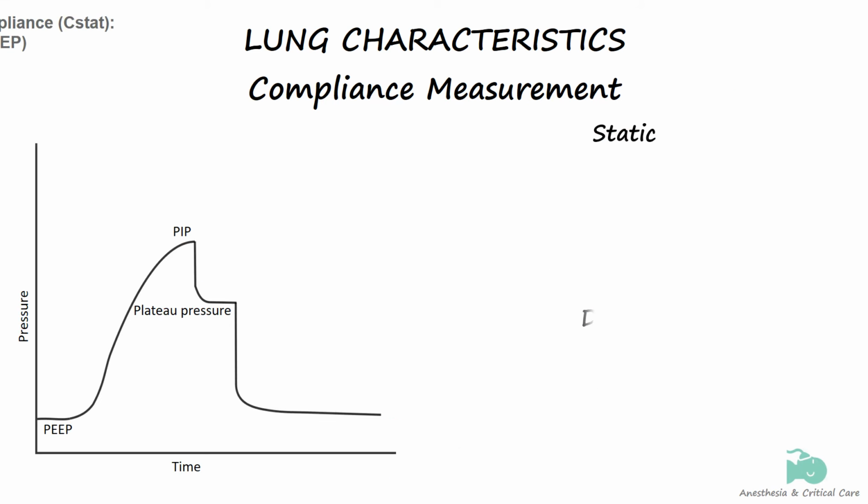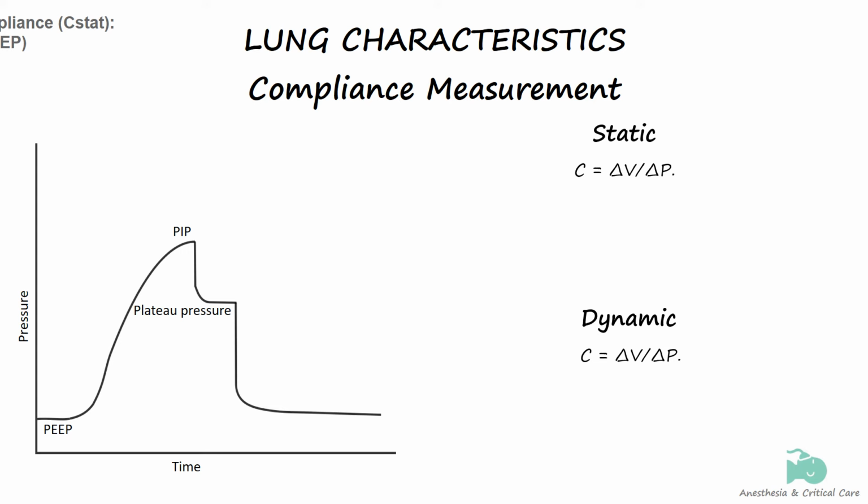Static and dynamic compliance can be measured by measuring the tidal volume and the pressure generated by that volume. For that, we need to get the value of pressure generated when there is air flow to calculate the dynamic compliance. Similarly, we need to get the value of the pressure generated when there is no flow to calculate the static compliance.